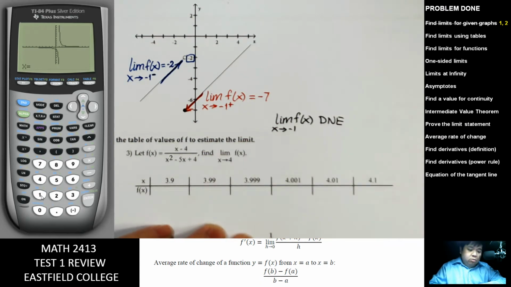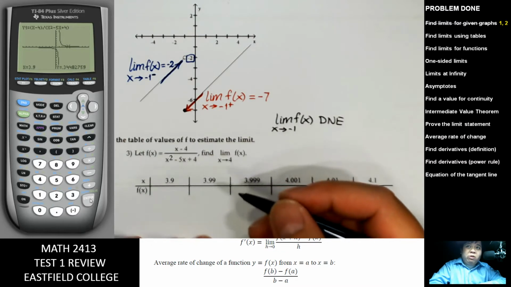And then we enter the values of the function. 3.9, so we hit 3.9, hit enter, and we have 0.3448.